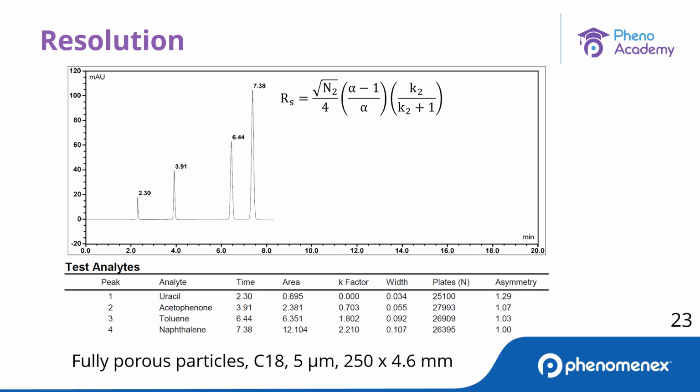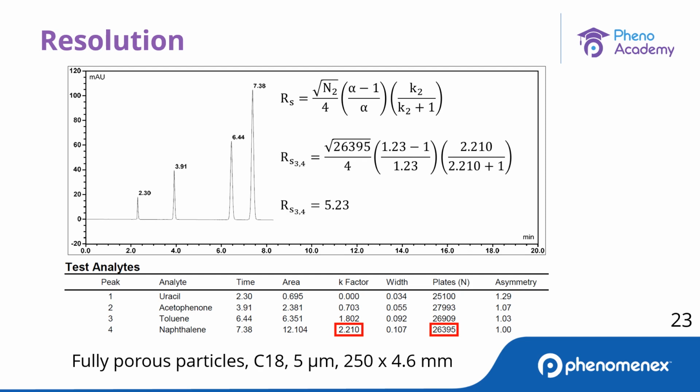So we will use two adjacent peaks here. For the resolution between the third and fourth peak, so toluene and naphthalene, we use the efficiency of the naphthalene peak, the selectivity factor between the two peaks, and the retention factor of naphthalene, and we arrive at a resolution between these two peaks of 5.23.